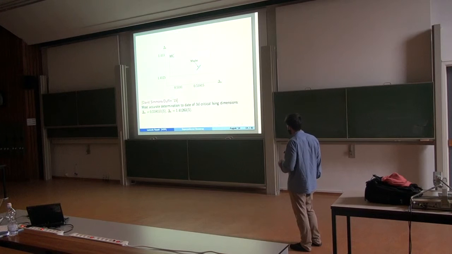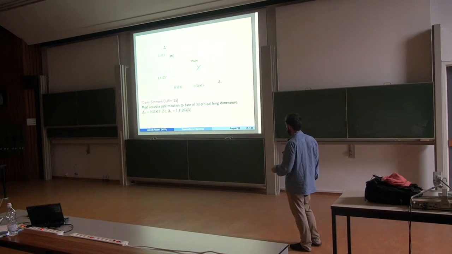In fact, the result is so spectacular that earlier this year, David Simmons-Duffin was able to beat it. So this is now a zoomed-up version of the previous slide, in which this is the Monte Carlo determination of the critical Ising exponents, and this tiny region is the maybe region of the oracle.